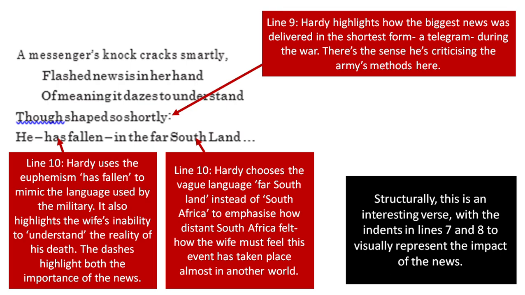But if you look at how he delays that further in this stanza, he leaves it to the very last line, line 10, to actually pin down that he's fallen, that he's gone. So we've got again this sense of narrative structure, that he's creating a climax at the end, almost like a cliffhanger with the ellipsis, the dot dot dot at the end.